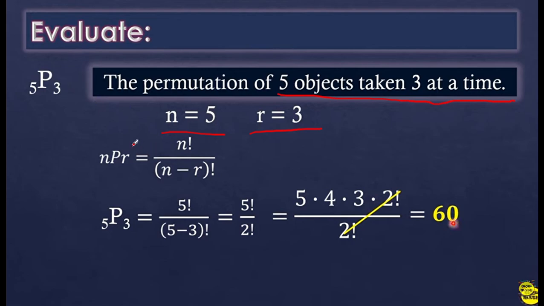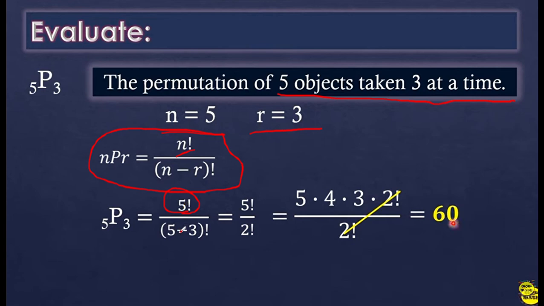So again, our formula for that is P of n taken r at a time is equal to, mao ni siya ang formula na gamiton, n factorial over n minus r factorial. So again, ang ating n ay 5, so mao ni siya 5 factorial, over n natin is 5 minus r natin is 3 factorial.